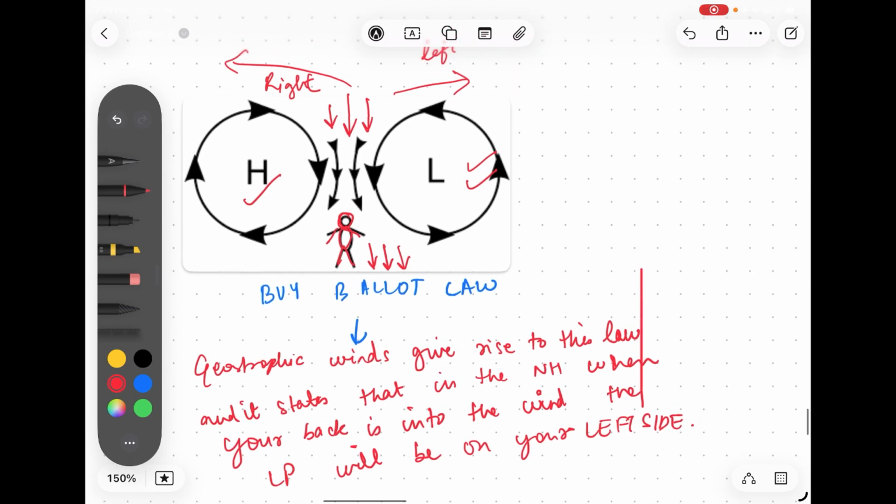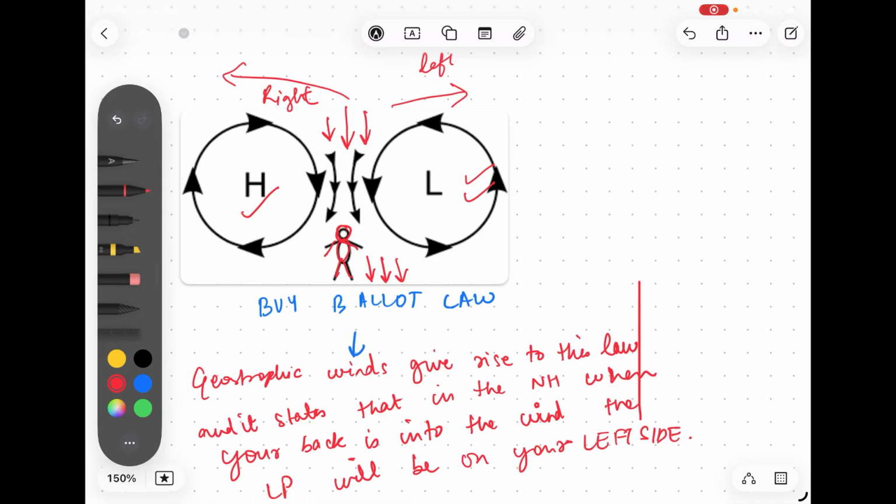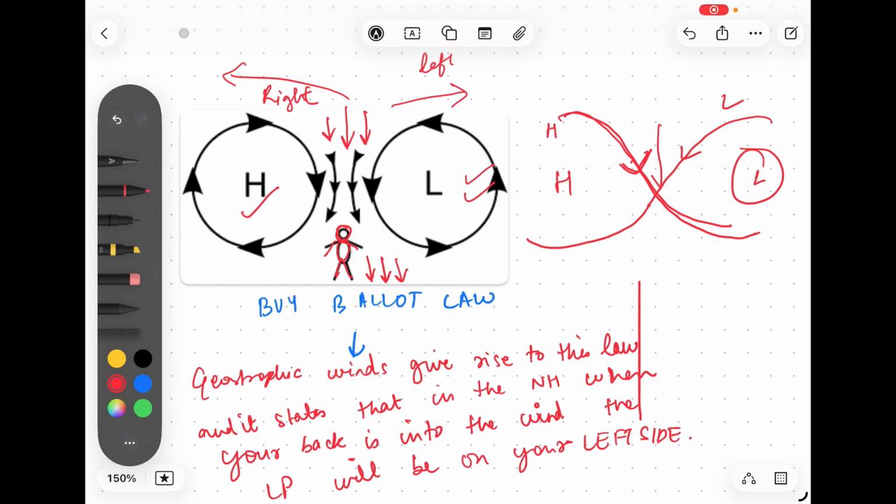How does this really happen? Because low pressure is anti-clockwise, and wind somewhat moves from high to low. So if this is high, this is low, right? So it will move in the clockwise direction like that, and low would move in the anti-clockwise, right? So winds are basically in this direction, and if I'm standing and I'm facing in this direction, so my low pressure is on the left. So that is the Buys Ballot's law.